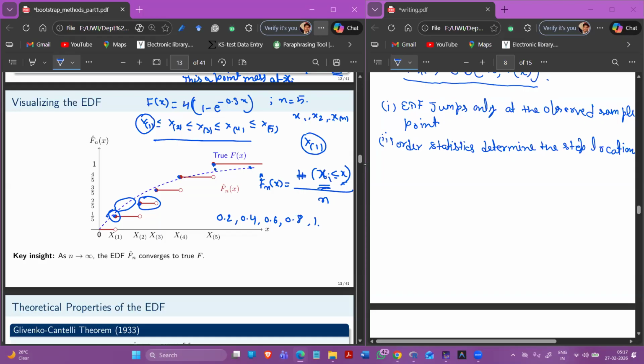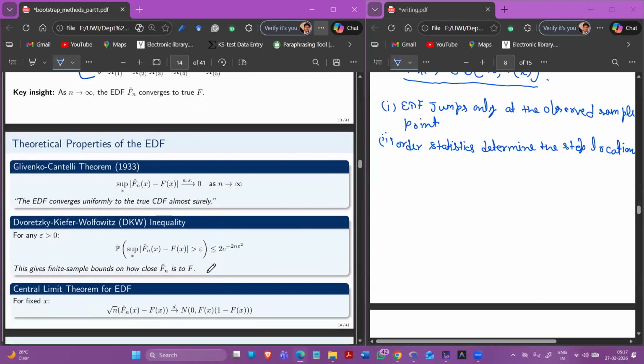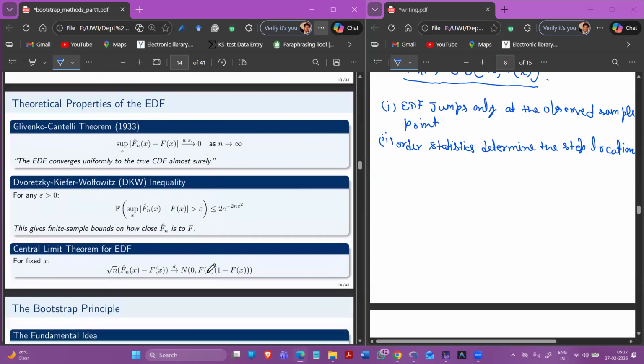So it basically means that the empirical CDF converges uniformly to the true population CDF. That is basically the idea behind the empirical CDF: how you find the empirical CDF from your sample, and you estimate it for the population, right?